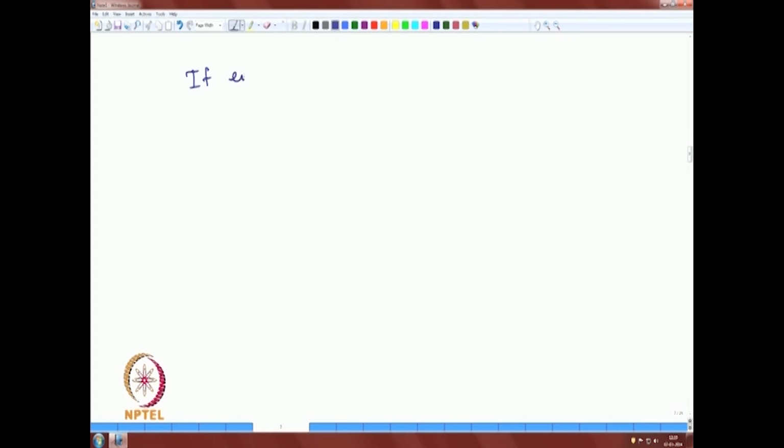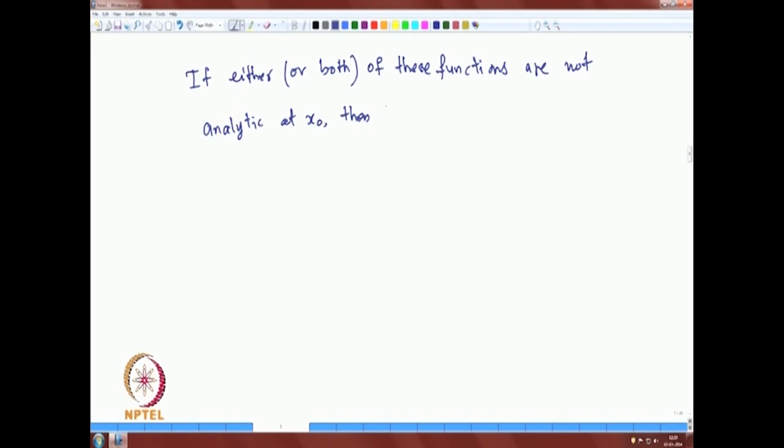If either or both of these functions are not analytic at x0, then x0 is called a singular point of the differential equation.